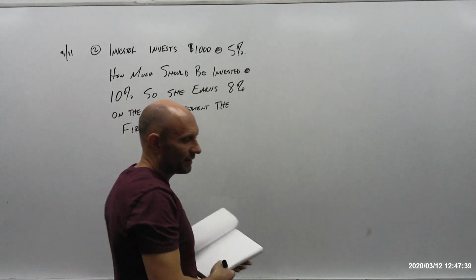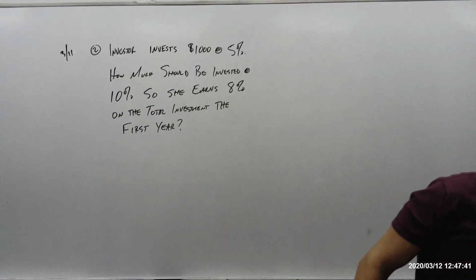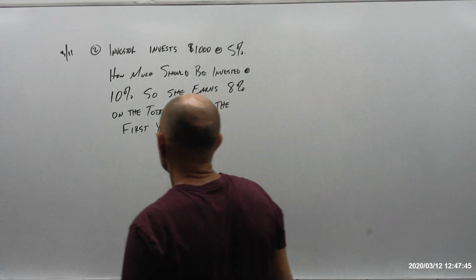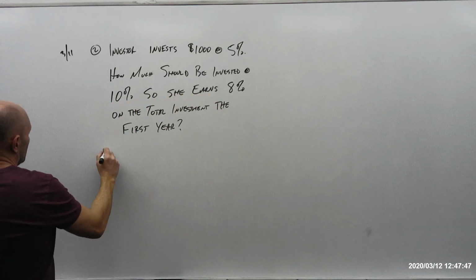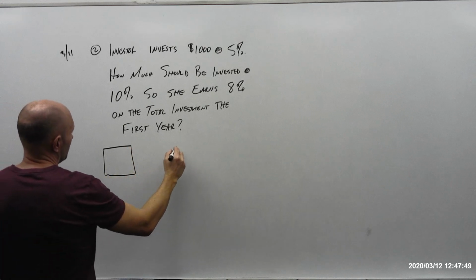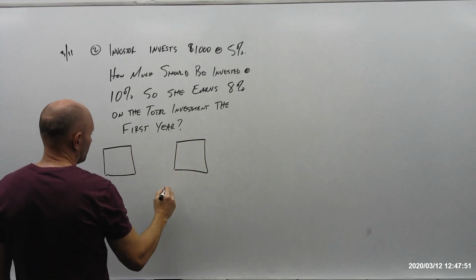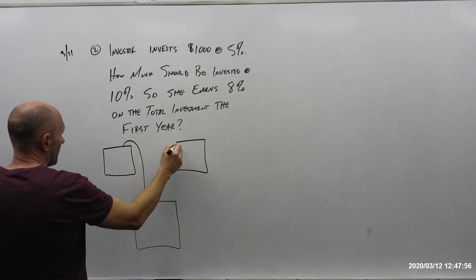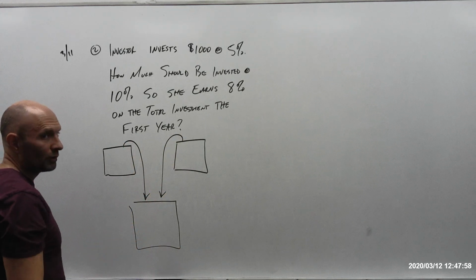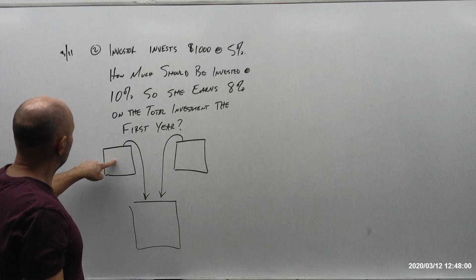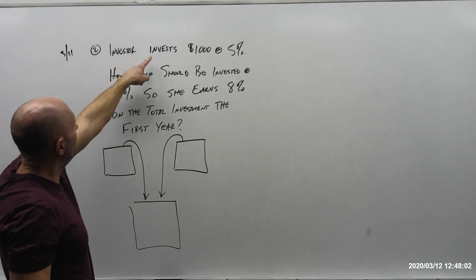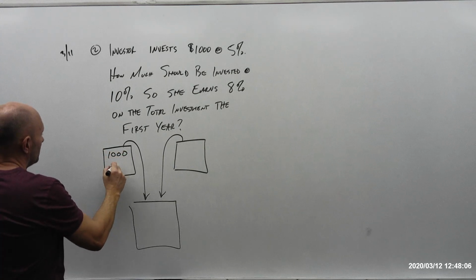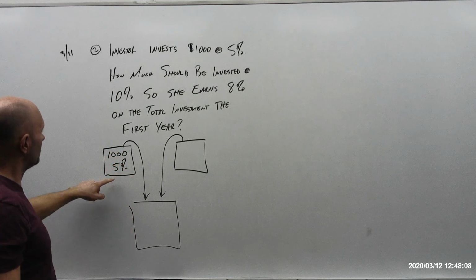So again, let's set up these little boxes like I showed you guys in the first video with the mixture. So we have one ingredient, or in this case, one investment with the second investment, and they're going to get poured into this box to give me my total investment. So the first one is what? Well, they invested $1,000 at 5%, so this is $1,000 at 5%.